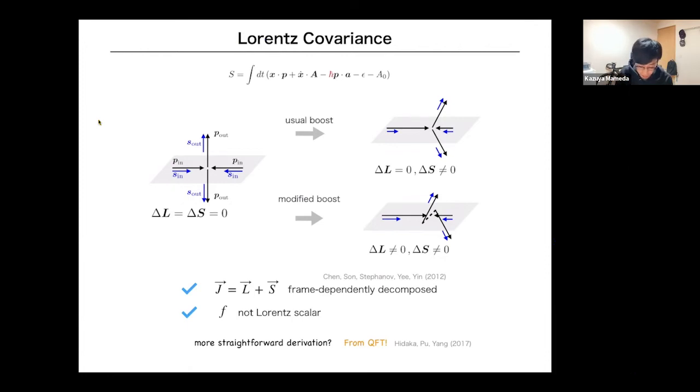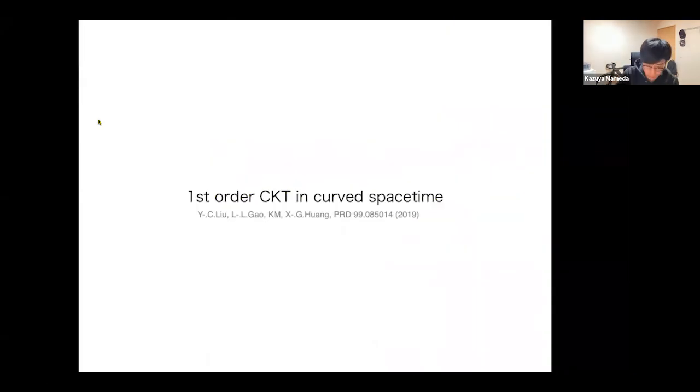However, we have an alternative manner to explain the Lorentz covariance of the chiral kinetic theory. And this alternative manner is more straightforward than this explanation. It is nothing but the method from quantum field theory.